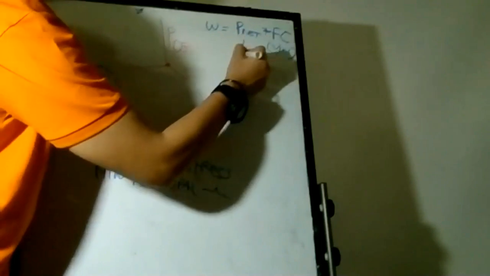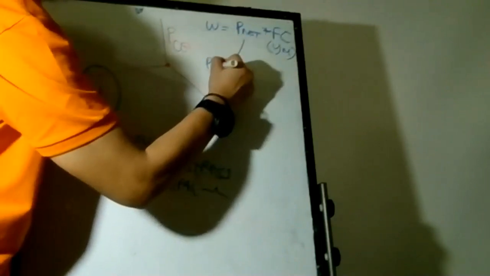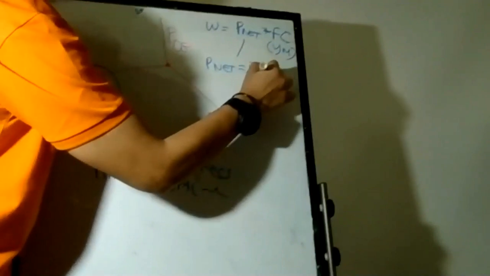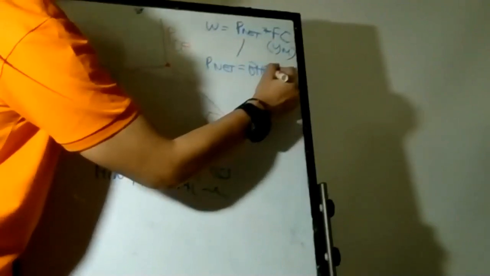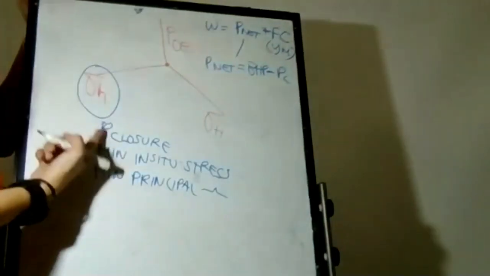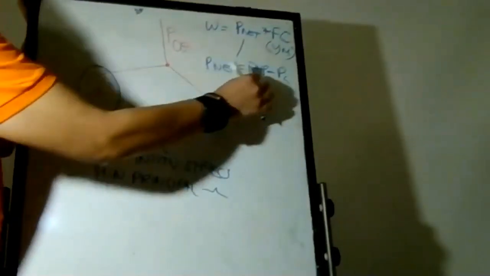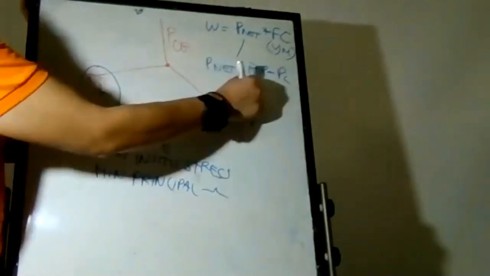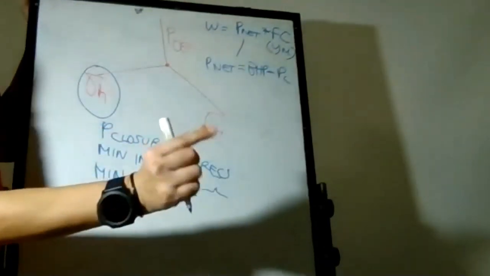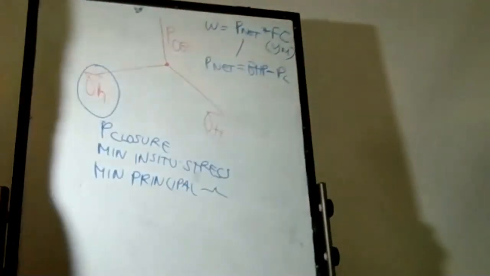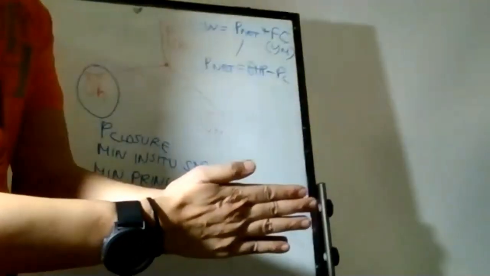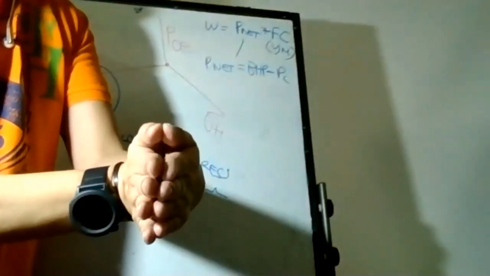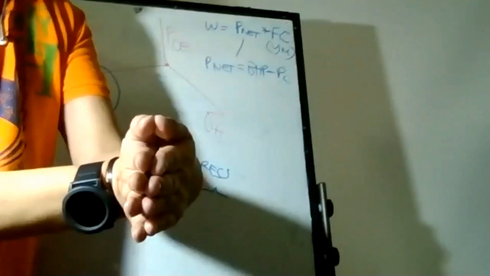Now, the net pressure equation: P net is equal to pressure minus P closure. So when you have a bottom hole pressure more than closure pressure, then you start having the net pressure. You apply stress to the rock, you crack the rock like this, and at some point your rock will fail.